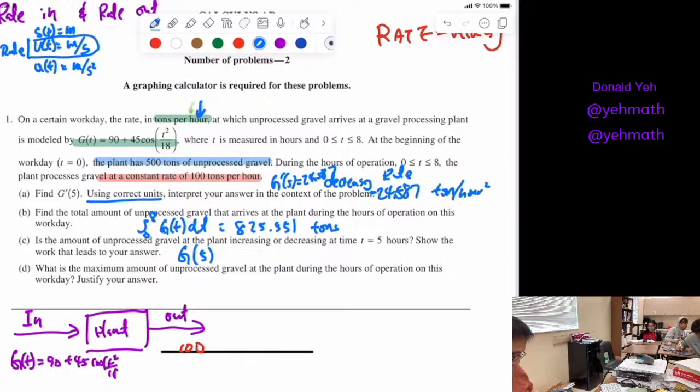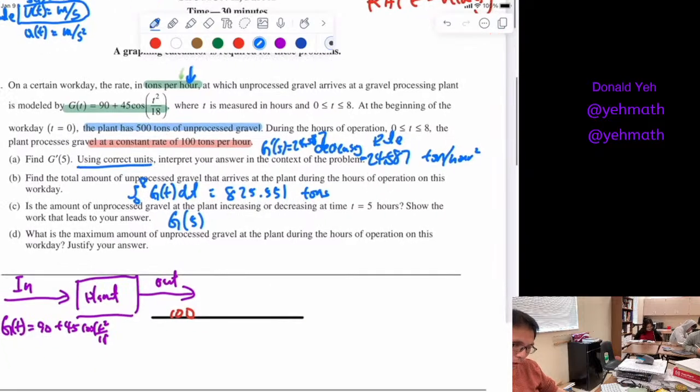Yeah. Okay, it's just G of 5. Why is it G of 5? Because you think about it, the subject is the amount of something. That means integration of G, right? But they say it's increasing or decreasing. That means you have to take a derivative. That means you go back to G. Does that make sense? So let me write it down.